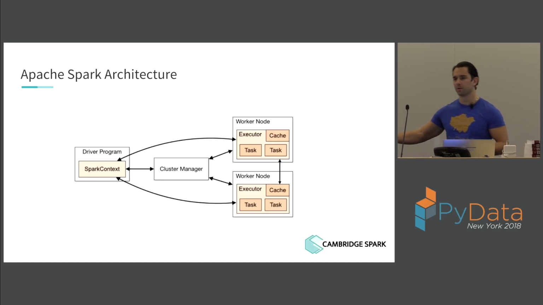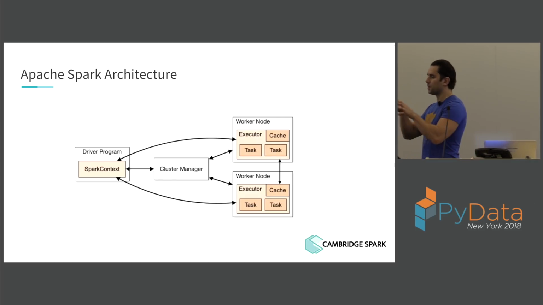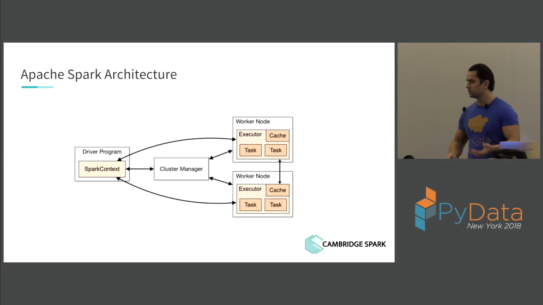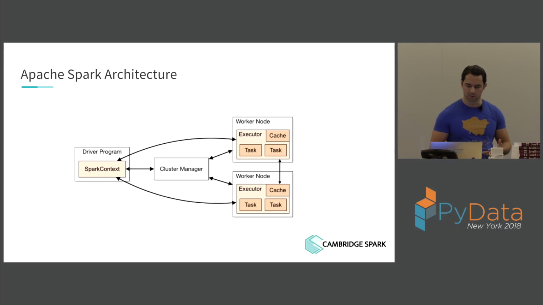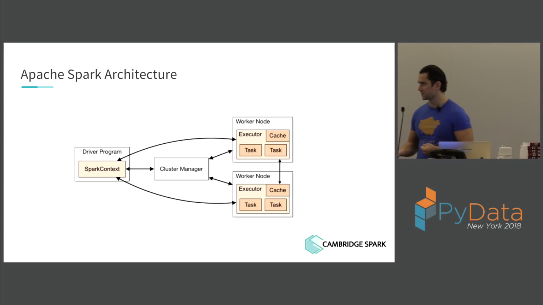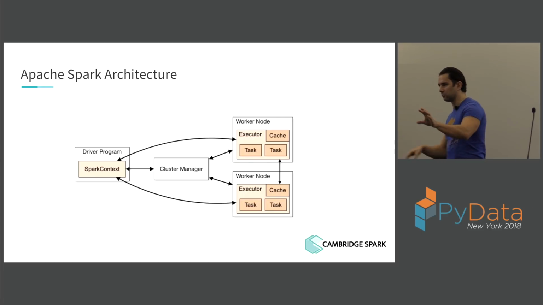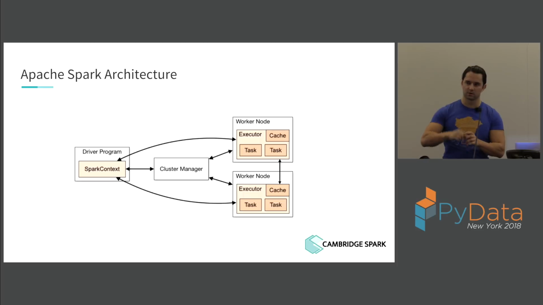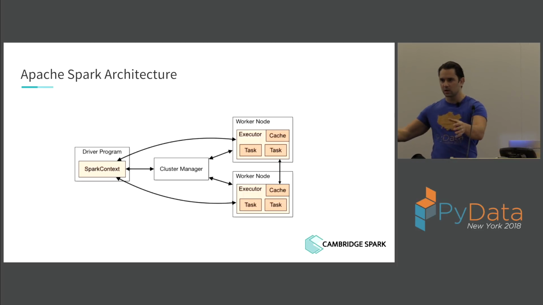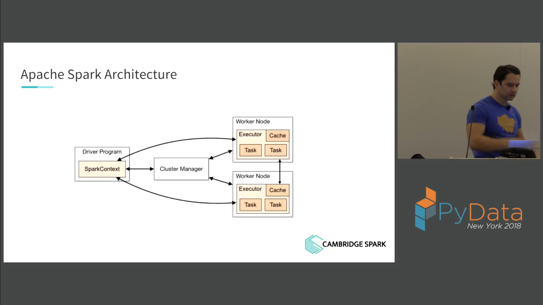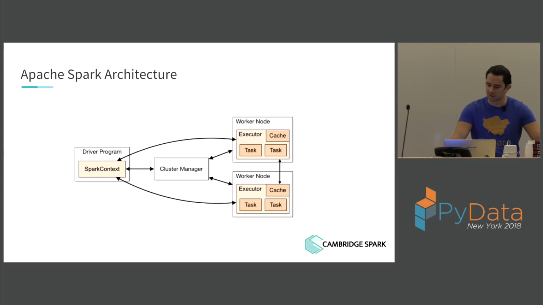Later in the notebook that you'll walk through, you'll see a Spark context, right? That's the entry point to run queries. Now the Spark context is going to interact with the cluster manager, and the cluster manager is going to deal with resource allocation, schedule different jobs on those machines, aggregate it back, and then send the information back to the Spark context. Okay?